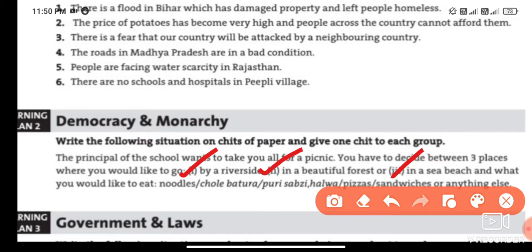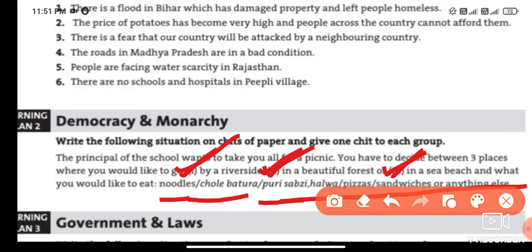The food could be noodles, chole bhatura, puri sabji, halwa, pizza, sandwich, or anything else. These are the foods you will be selecting among your group.